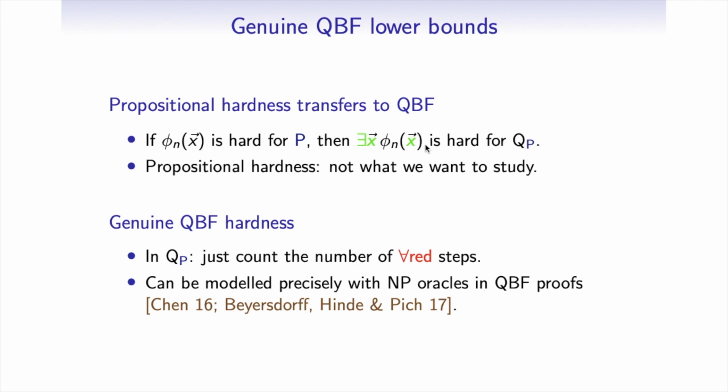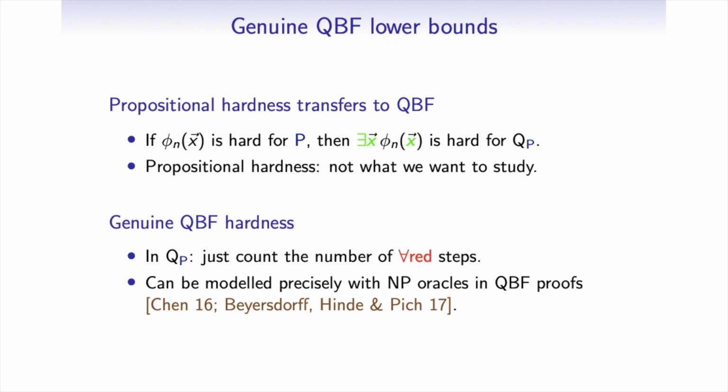Because there are no universal variables here, all QP can do on this is what P can do on this. But this is just propositional hardness. This is hardness from the system P. That's not really what we want. It's not really what we want to look at. We're more interested in genuine QBF hardness.